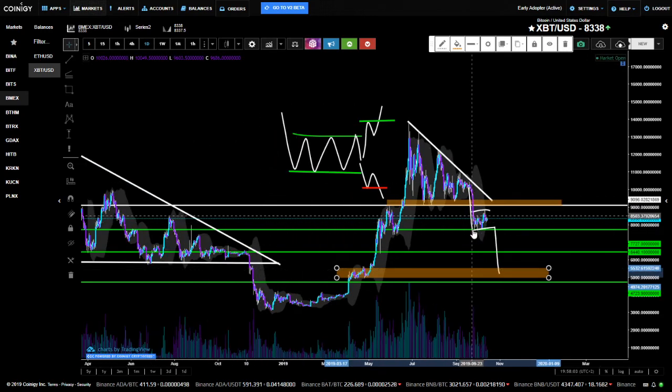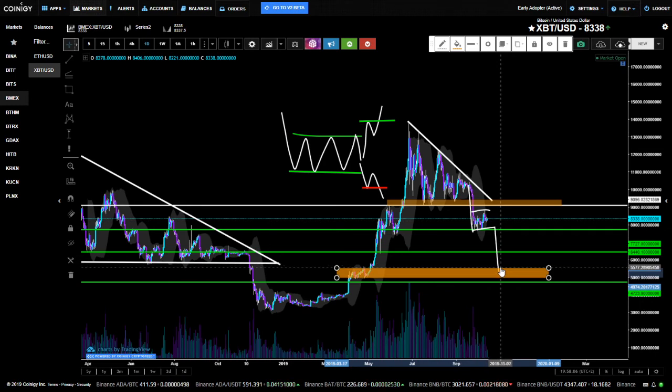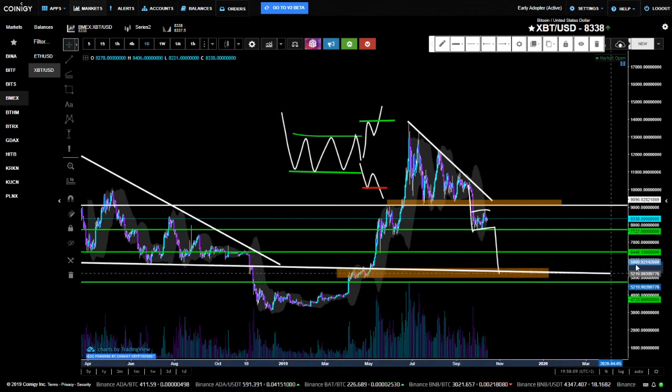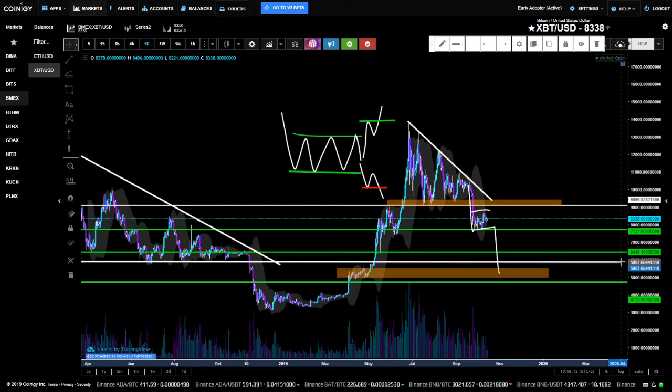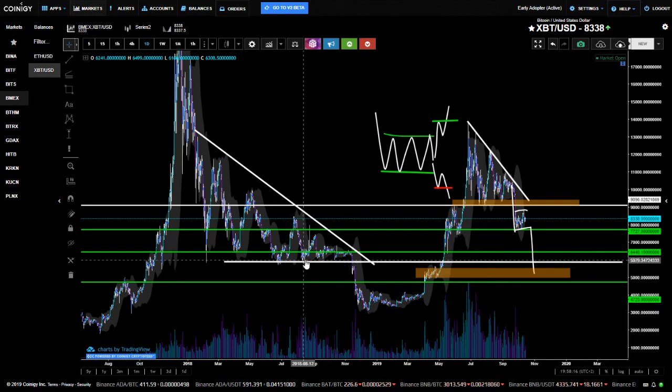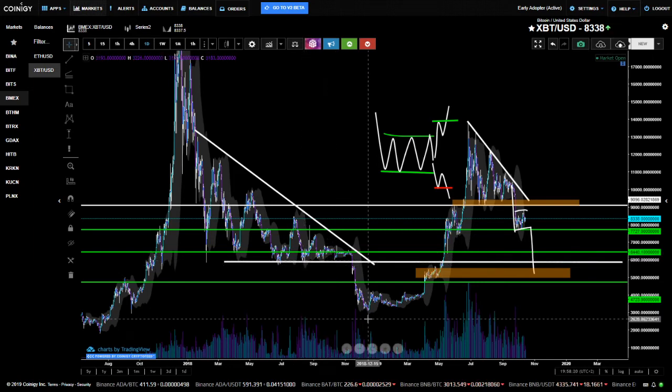The target may be a little bit overextended, as you still got this triangle support, which I think we will not trade below. Possible, but I think the buyers will step in between the 6K, 5,800 and the 6,400 region.